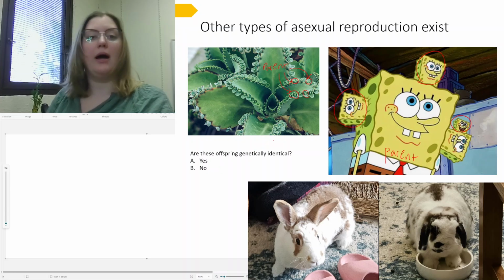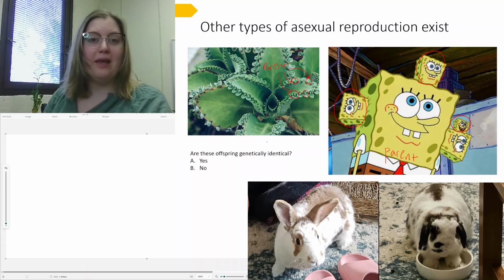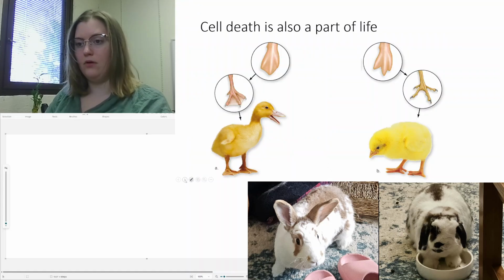So keeping in mind that our parent organisms are copying their DNA and budding off into new organisms, and there's no second parent organism here, are these offspring genetically identical to the parent? Go ahead and answer that in iClicker.